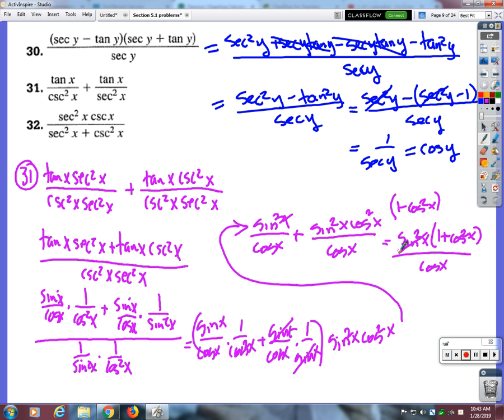So if I FOIL that out, I would get 1 minus cosine to the, well, nope, that's not going to get me anywhere either. Over cosine of x. Nope. That was a weird one. Tangent of x is where we're trying to get.